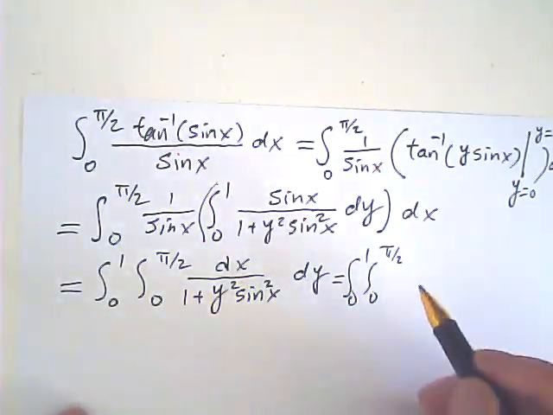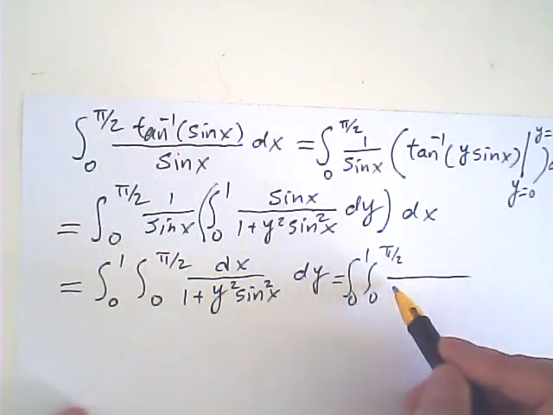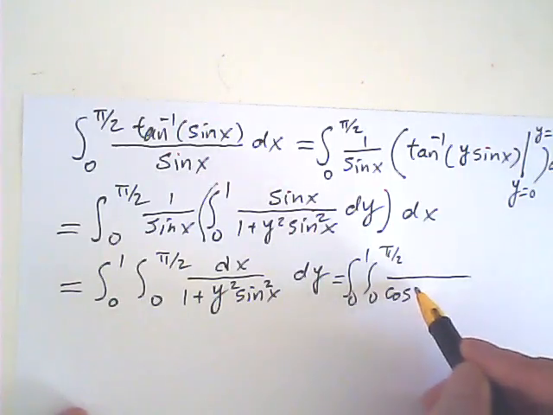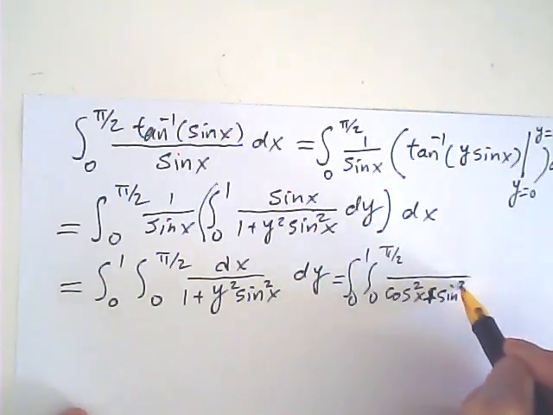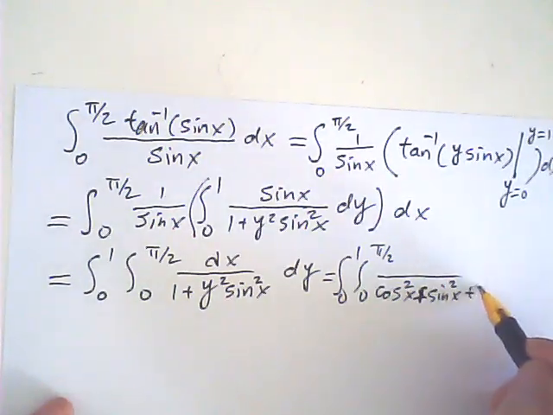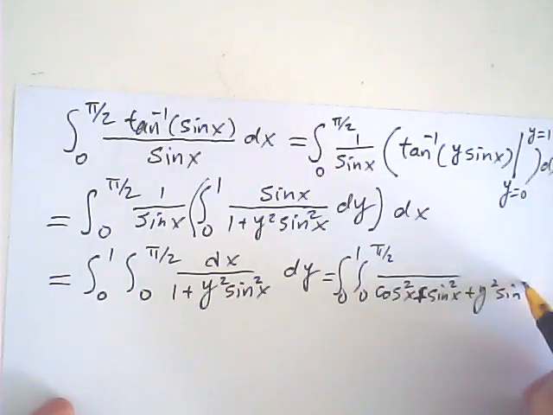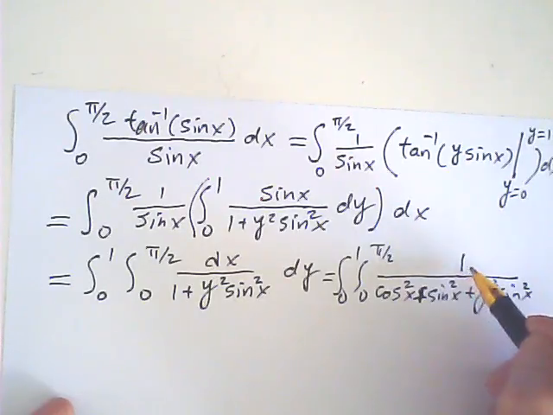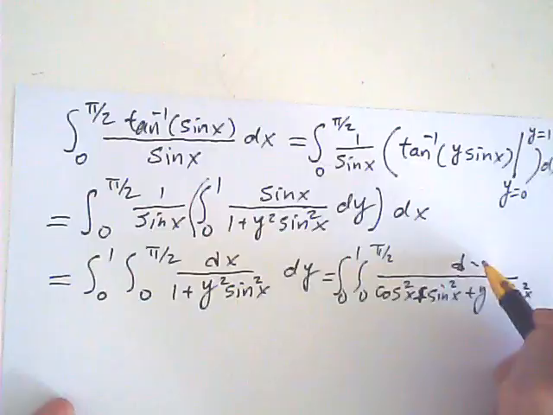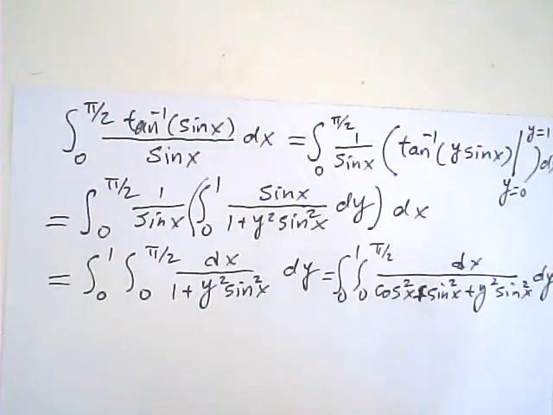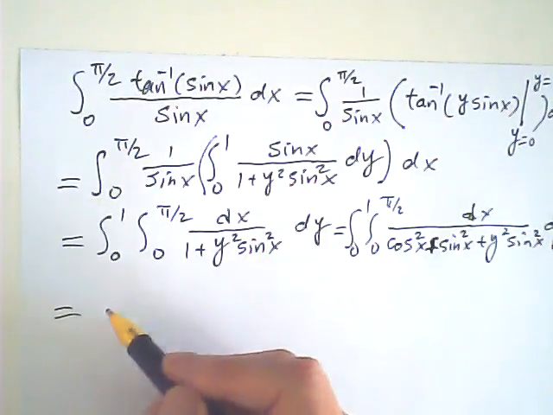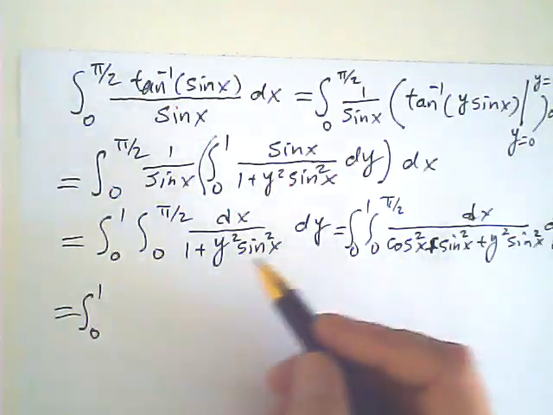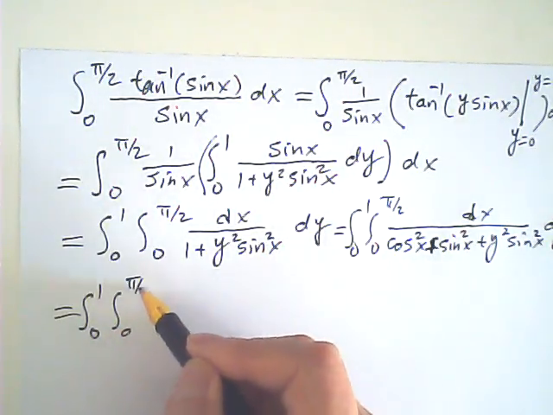I change 1 to cosine squared x plus sine squared x, then plus y squared sine x squared, dx and dy. So this one is equal to the integral from 0 to 1, then 0 to half pi.